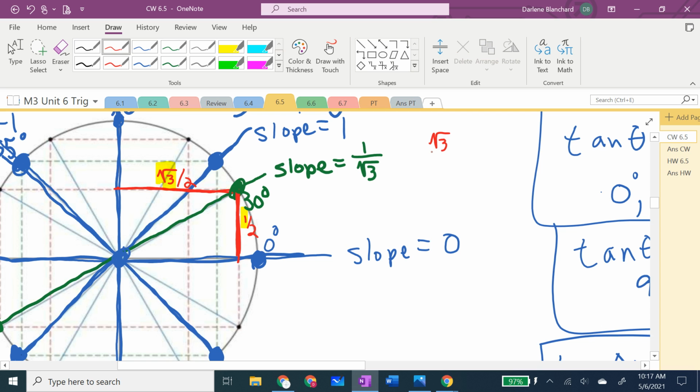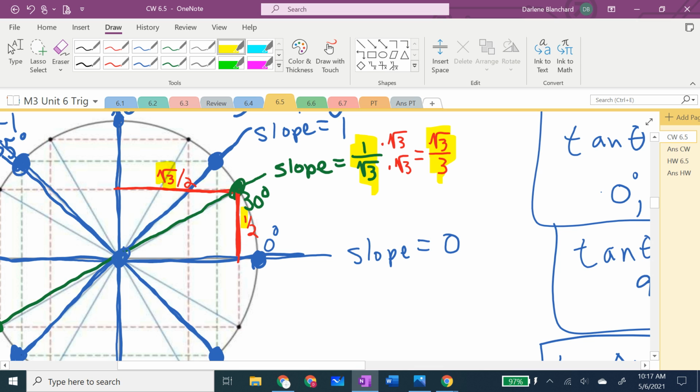It is root 3 over 3. Sometimes you'll see it in that format. They're the same exact number. You can get to root 3 over 3 if you multiply the top and the bottom by root 3. So these are the same numbers representing that slope.